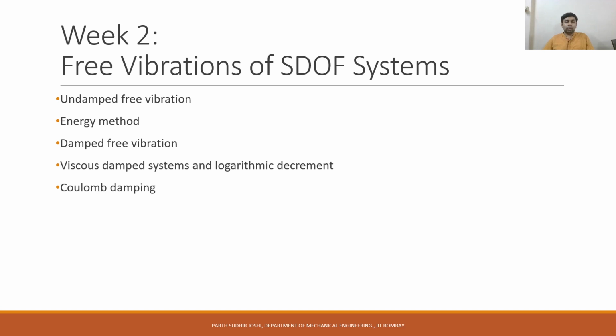Then the damped free vibrations have been covered. And basically, there are different types of damping observed, which are discussed, like viscous damping, Coulomb damping, and other kinds of damping. And the concept of logarithmic decrement in systems has been described. So maybe we can just go through the content of this week.